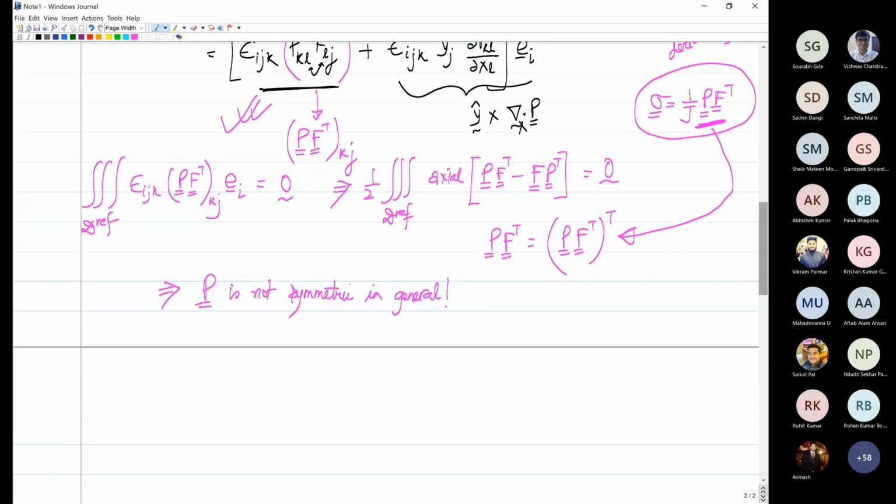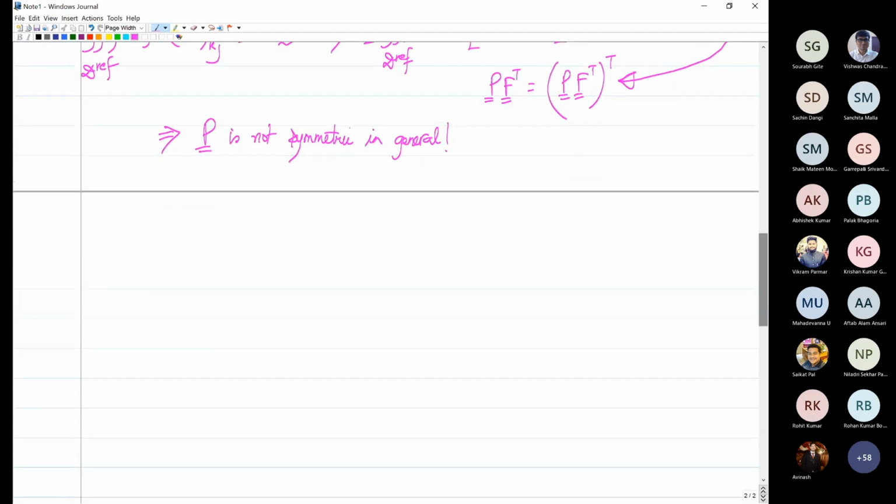So that's about the referential form of angular momentum balance. Any questions so far? So let me write down all the equations that we have gathered till now. So you have Eulerian form, and then you also have Lagrangian form.